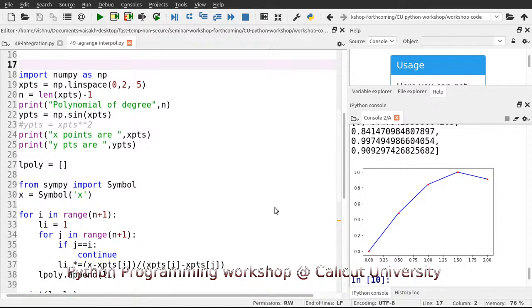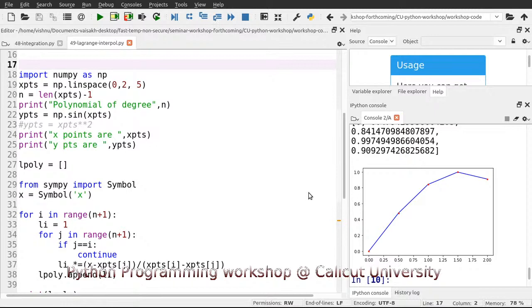Okay, let us now see Newton's method also. Newton's method actually gives two methods.